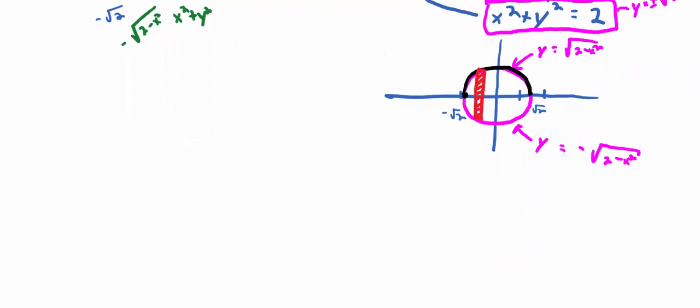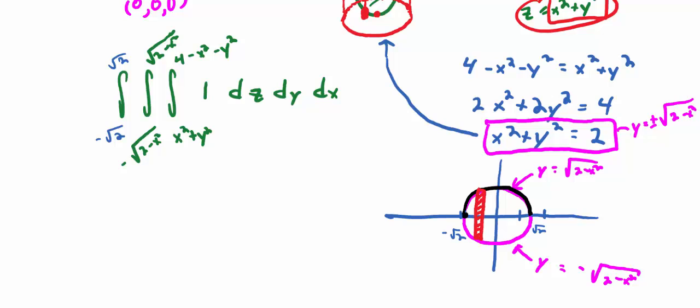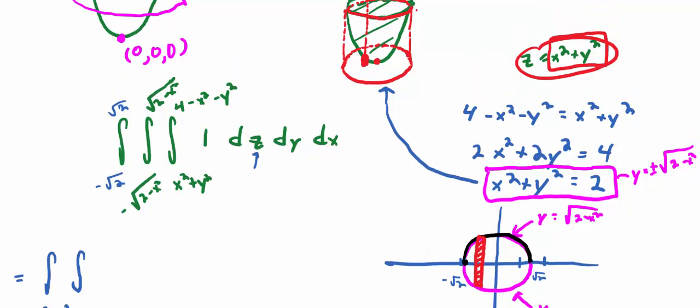Okay, so let's go through the evaluation here. For this inner guy, we're going to evaluate with respect to z first. What's the integral of 1 with respect to z? Z. So instead of writing these limits of integration, I'm just going to put the set that we're integrating over, which is x squared plus y squared, technically the interior of the circle, so it would be less than or equal to 2.